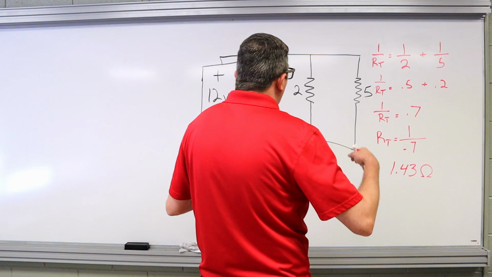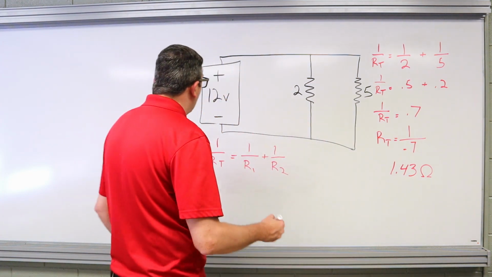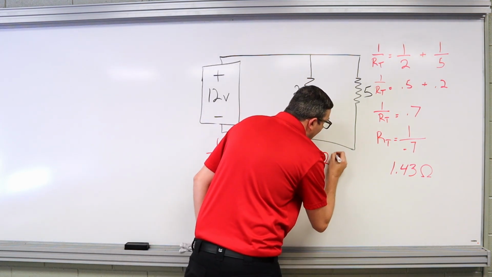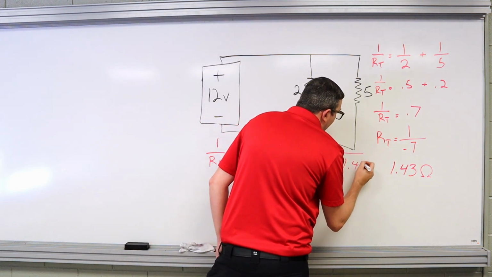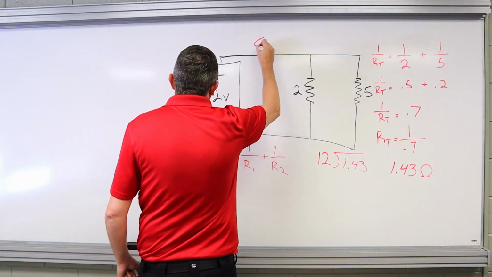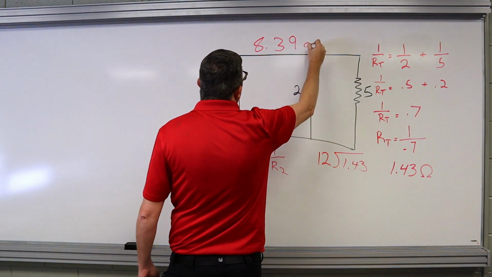And so now we can figure out the total circuit amperage, right? So we take our 12 volts, and we divide it by 1.43, and that is going to give us 8.39 amps.